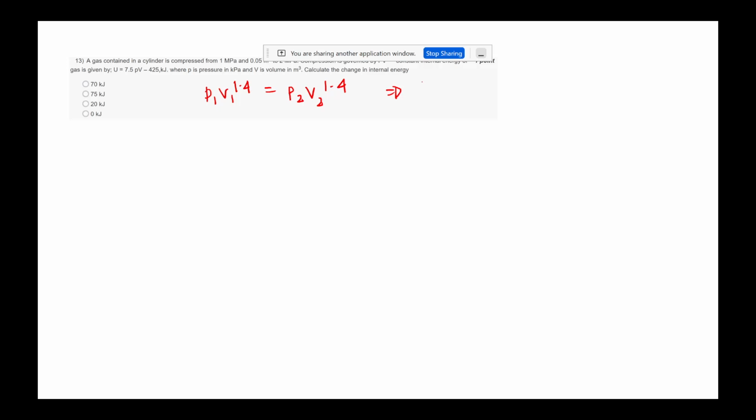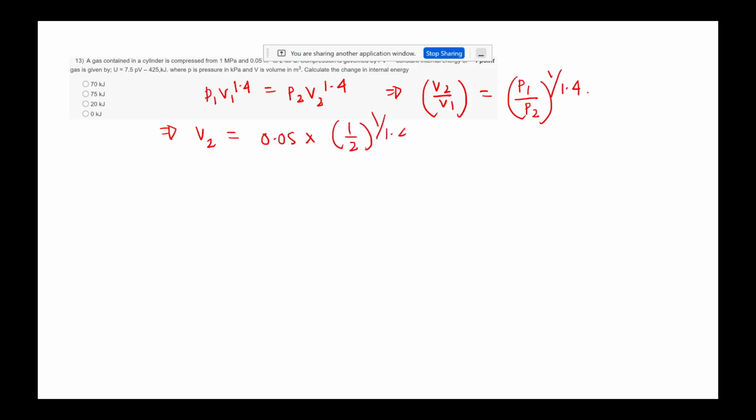So V2 by V1 will be P1 by P2 to the power 1 by 1.4. What is V2 then? V2 will be V1, which is 0.05, times P1 by P2, that is half, to the power 1 by 1.4.